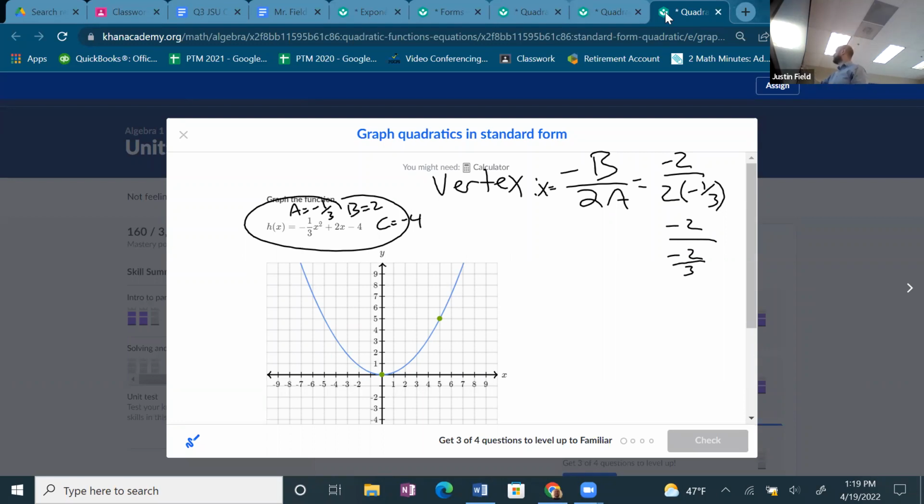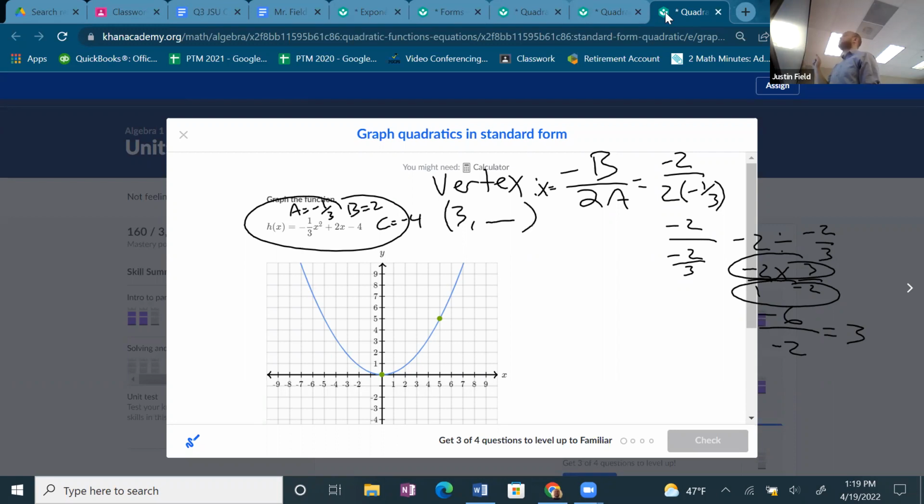So this is negative 2 divided by negative 2/3. What we can do is just flip it and multiply, that's how you divide fractions. We put the whole number over 1, so now it's negative 2 over 1 times 3 over negative 2. Multiply across, negative 6 over negative 2. So the x coordinate of the vertex is 3.